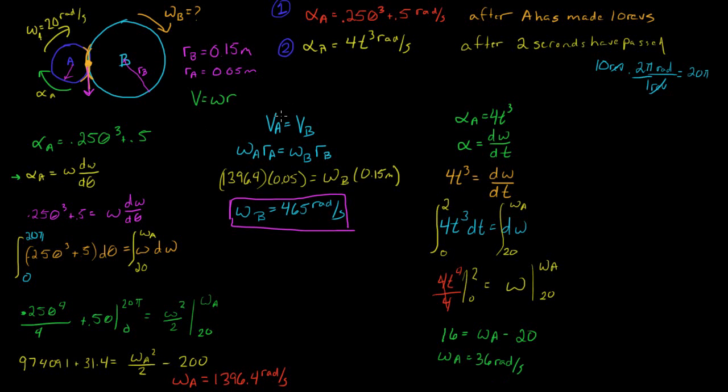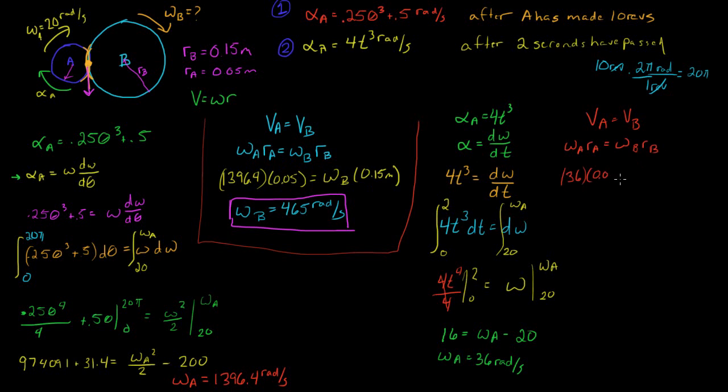Okay, so we're going to use the same logic as before about the velocities. Our velocity of A is equal to our velocity of B. So omega A times the radius of A is equal to omega B times the radius of B. Omega A is 36, our radius is 0.05.